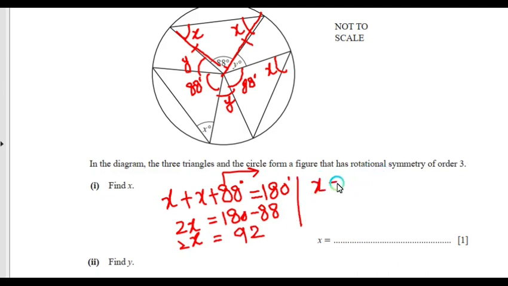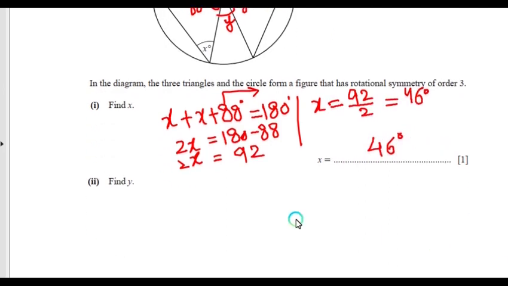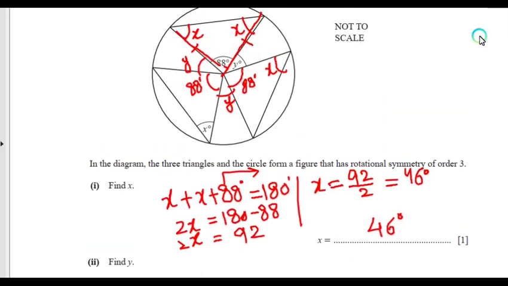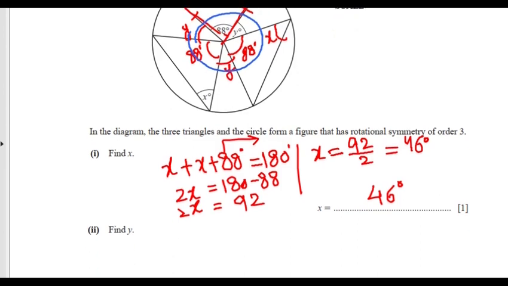The sum of angles of a triangle is 180. So it becomes 2x, shifting this 88 to the other side becomes 180 minus 88. So 2x will be equal to 180 minus 88, which gives you 92, right? So x will be equal to 92 divided by 2, which is 46 degrees.